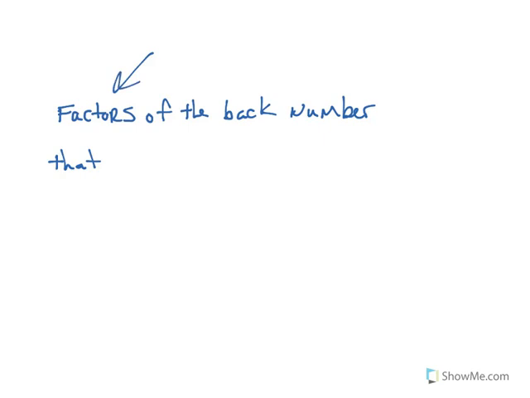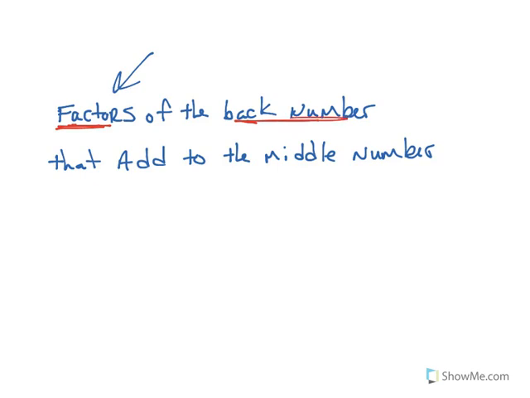So this is the multiplying. So finding two numbers that multiply to be the back number that add to the middle number. If you want a summary of what you're basically doing: two numbers that multiply to be the back number, but you add them up and get the middle number.